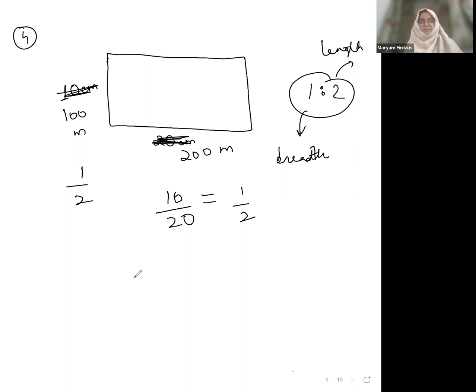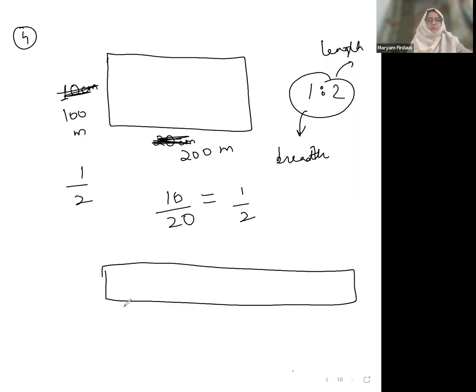So if something is in ratio, then if you increase or decrease the size of the rectangle, the ratio won't change. Basically, what the rectangle looks like won't change. For example, if you increase the size of this rectangle, it won't become like this. Let me show it to you.